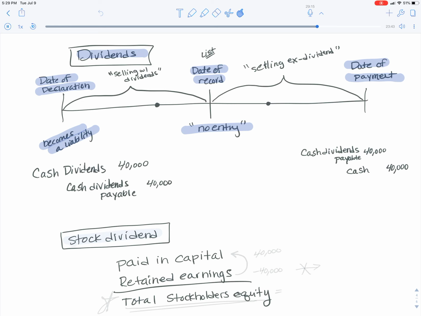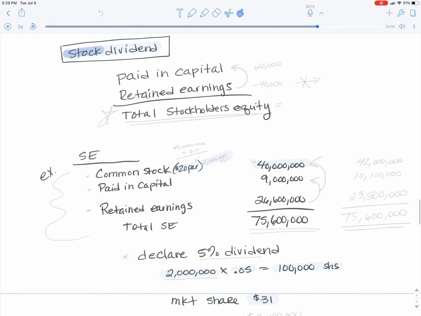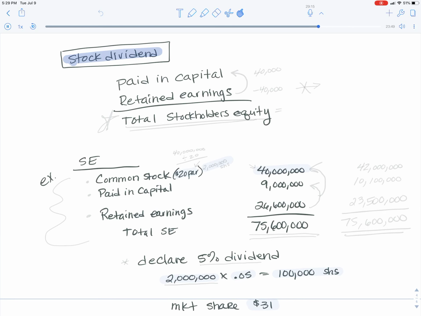Okay? We could also not pay our stockholders cash dividends, but we could give them more stock instead of cash. So this is a good thing. In this case, we're basically taking retained earnings that we would have paid as a dividend, and we're putting it into paid-in capital.